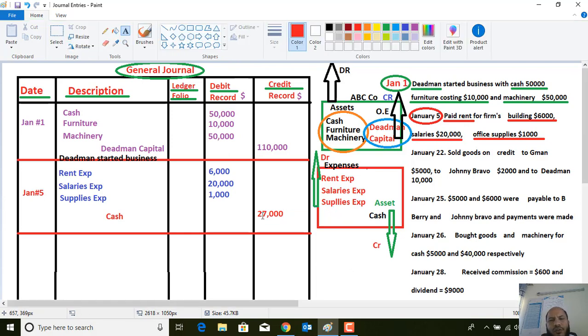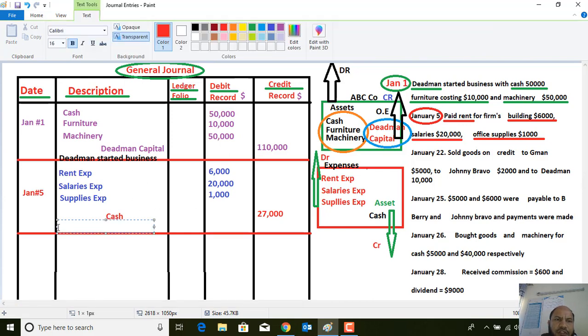Okay, great. So after doing these activities, we will write down a small description for all these accounts. So we may say: paid the rent, salaries and supplies expenses paid.